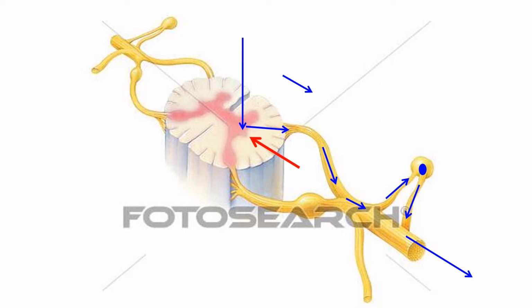Don't forget, autonomic nervous system regulates the internal organs.